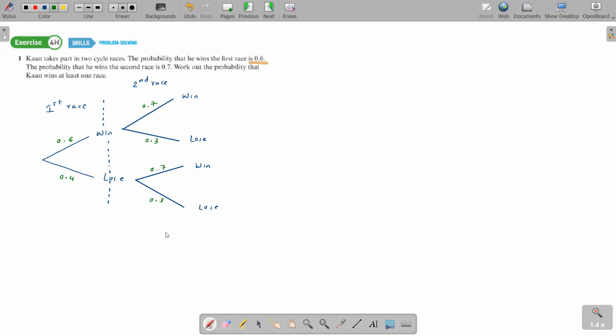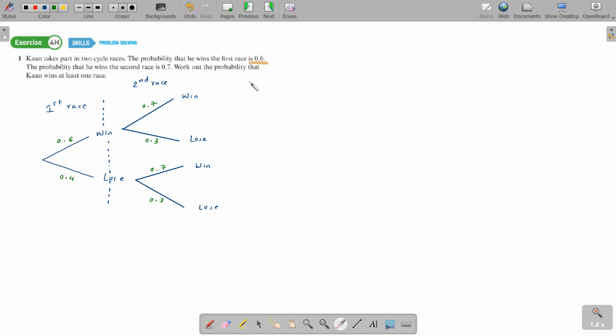Can you see, guys? This is how it works. I think you need to understand that for the second race, we draw two pairs of branches, depending on the outcome of the first race. If you won the first race, you take the second race, you win or lose. If you lose the first race, then again winning or losing the second race. All right, guys, can you understand? 0.7 here, 0.3 comes. That's the remaining probability, right?